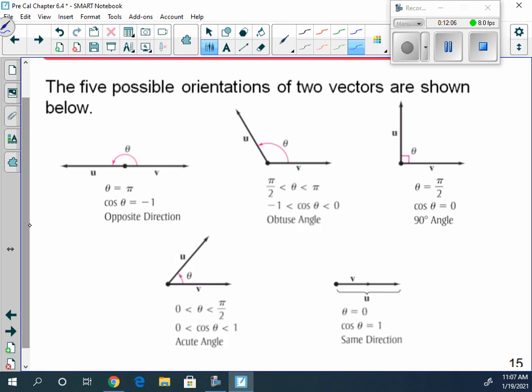Here, it's between pi over 2 and pi, so it's between 90 and 180. We're going to get this here where cosine's negative, this is an obtuse angle. If it's exactly equal to 90 degrees, the dot product will equal 0. Acute angle, and if it's the same direction, cosine will just equal 1.